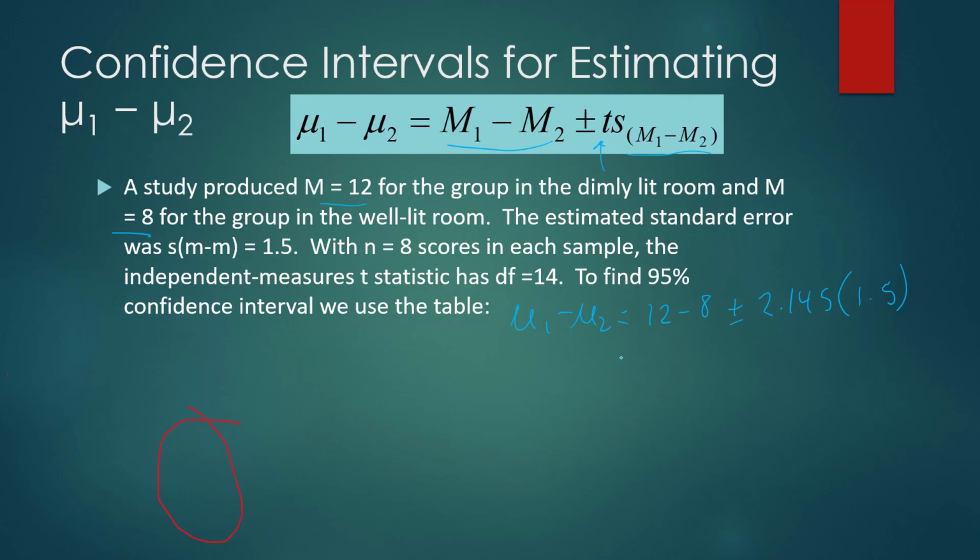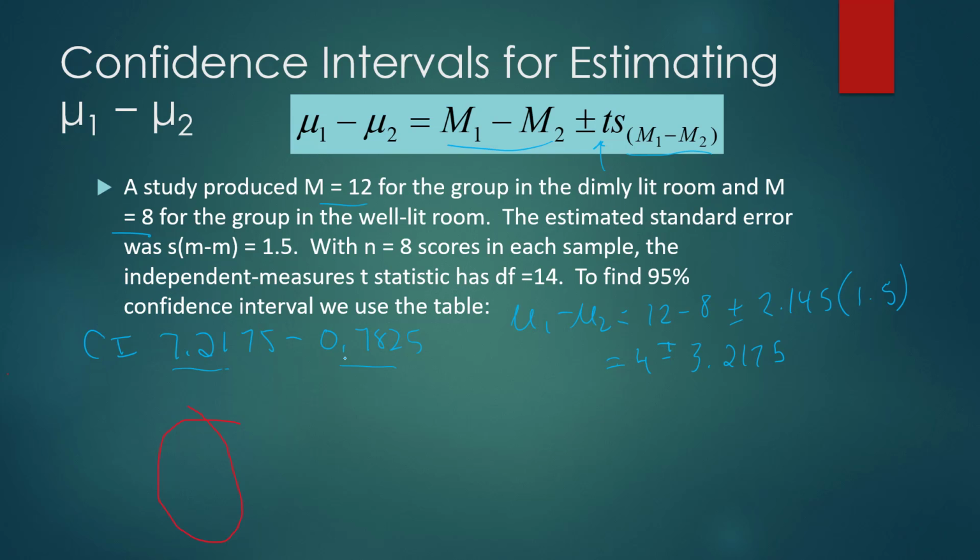And that's going to give us 4 plus or minus 3.2175. In other words, our confidence interval is going to go from 0.7825 to 7.2175. That's 4 minus 3.2175 and 4 plus 3.2175.